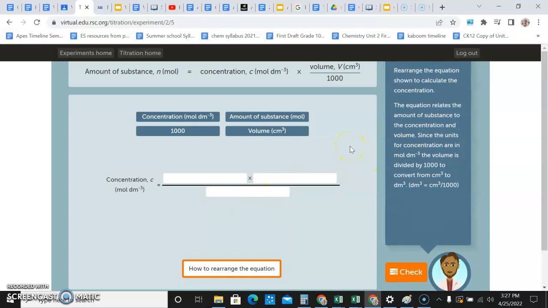Okay. Now this is looking like a pain. Let's read this one slowly. Rearrange the equation shown to calculate the concentration. Okay, so we had 0.025 moles, and it's been divided into 0.25 liters.